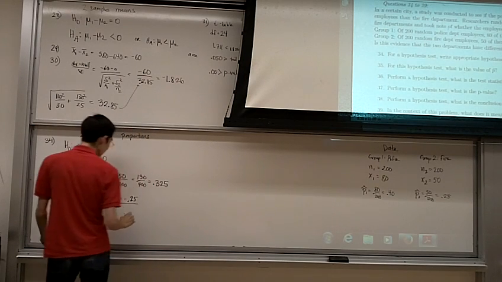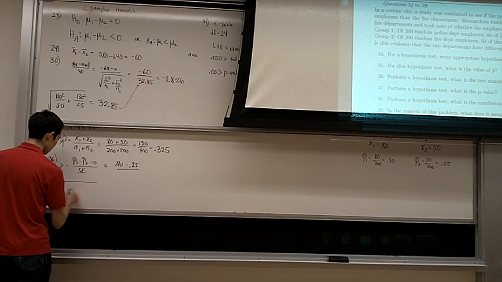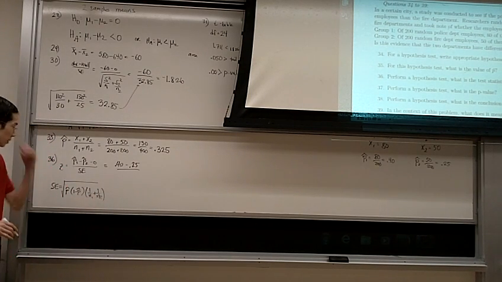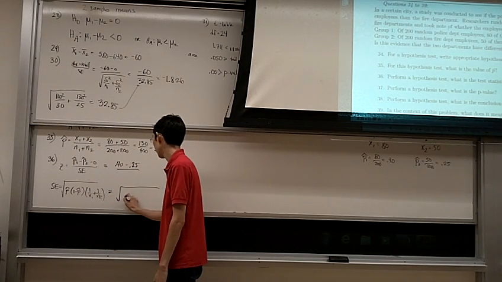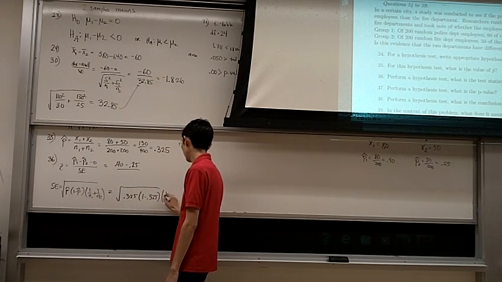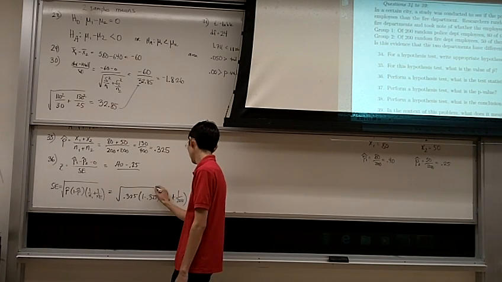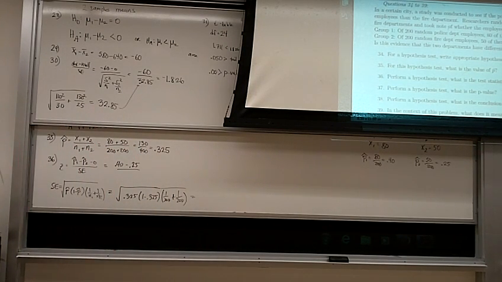My standard error is p hat times 1 minus p hat times the quantity 1 over n1 plus 1 over n2, all square rooted. Filling in the numbers, p hat 0.325 times 1 minus 0.325, times 1 over 200 plus 1 over 200, the entire thing square root. When I do that, I get 0.04684.